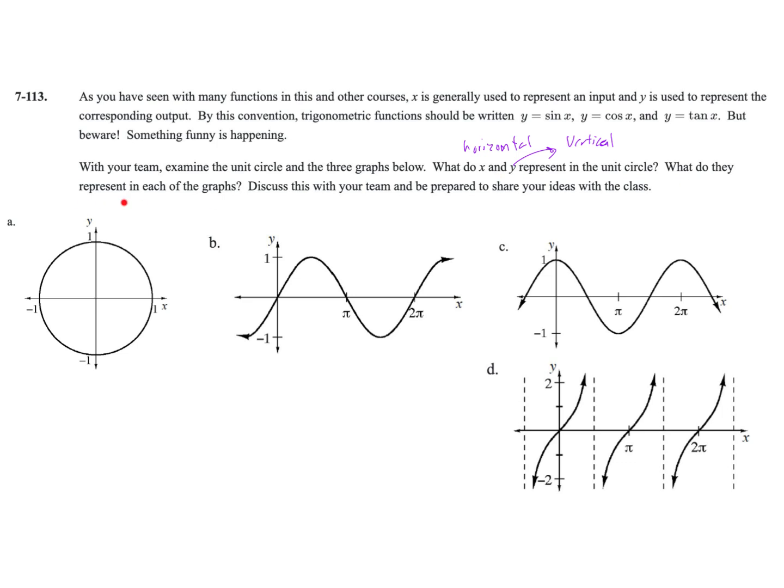All right, so what do they represent in each of the graphs? Be prepared to share your ideas. So each of these graphs here, if this is the start, my x, or my horizontal distance, would be a distance of 1, and my height would be a distance of 0.